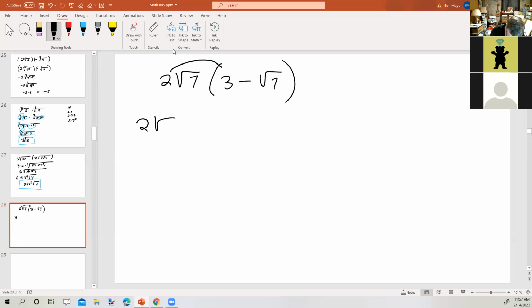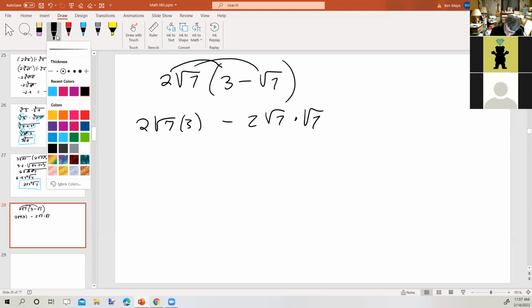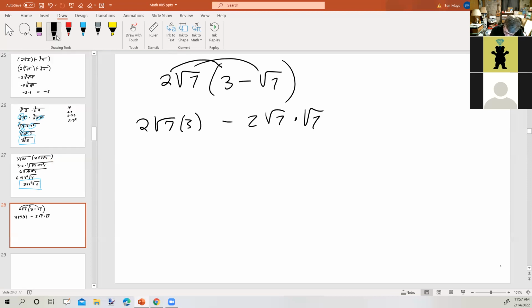So I get 2 square roots of 7 times 3 minus 2 square roots of 7 times the square root of 7. 2 times the square root of 7 times 3 is 6 square roots of 7 minus 2 times, well, the square root of 7 times the square root of 7 would be just 7.